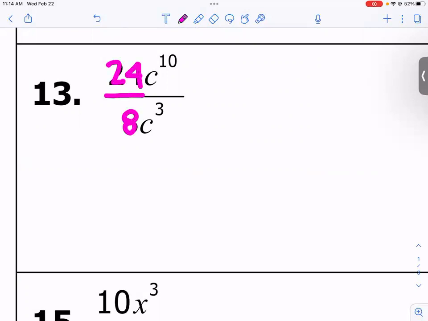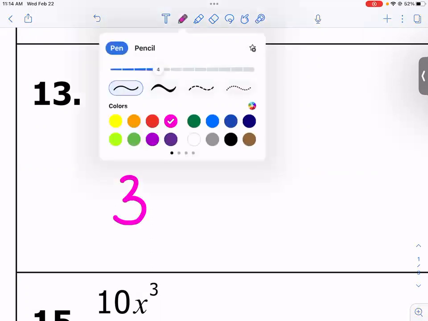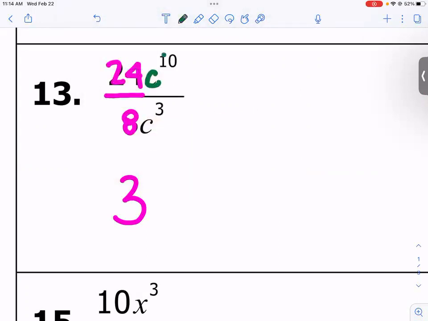It's 3. Okay, then we can take c to the 10th divided by c to the 3rd. We keep our base and we subtract our exponents to get 7.